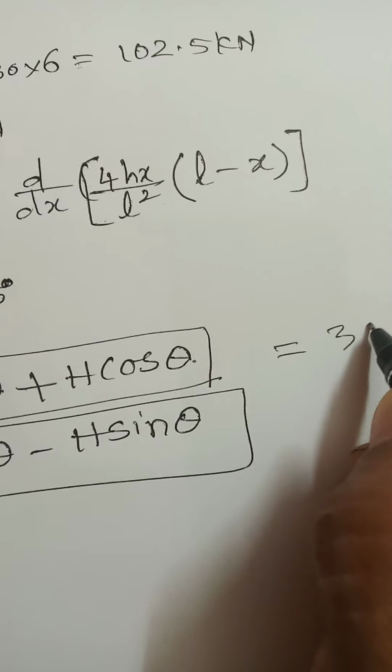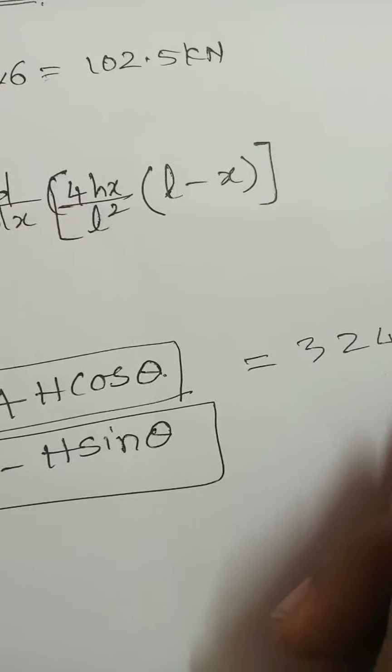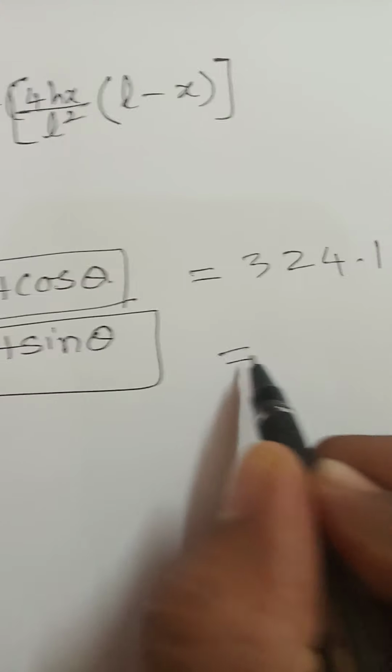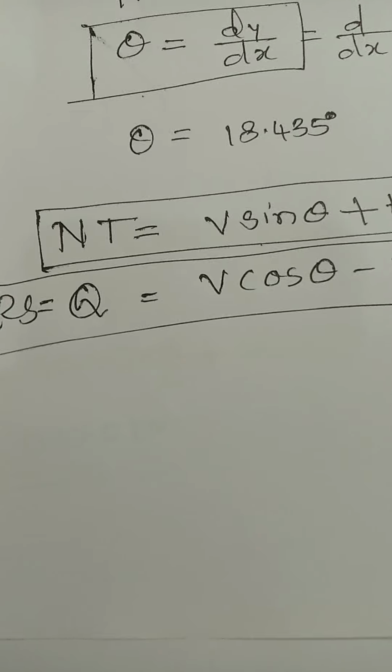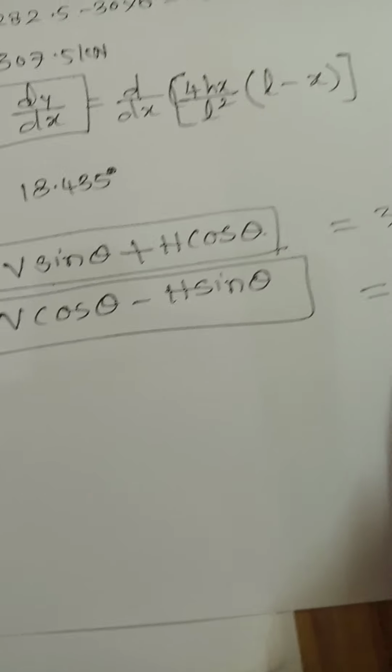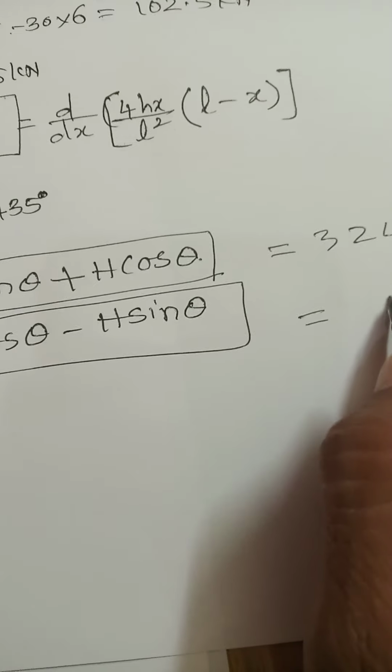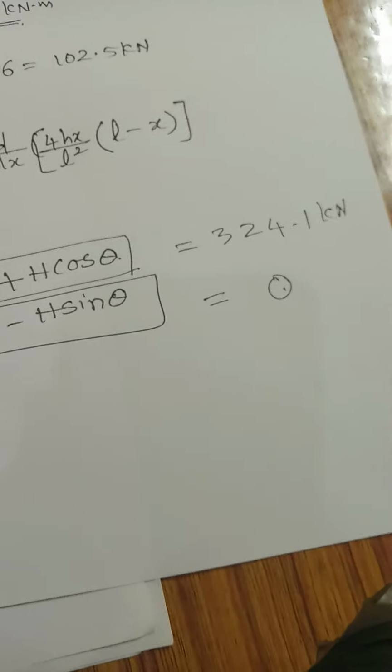After substituting the values we get the normal thrust as 324.1 kilonewtons. Likewise we calculate the radial shear, denoted as Q, and we get 0, hence the solution.